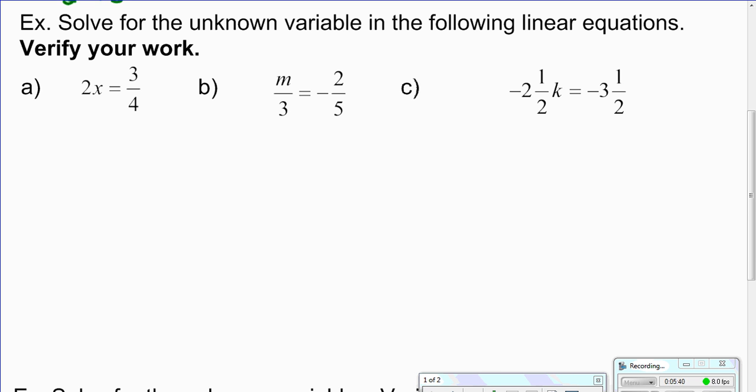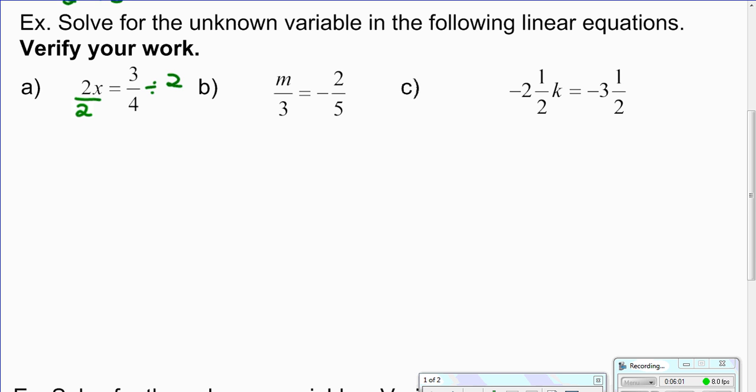So in the first one, we have 2x, or 2 times x equals 3/4. So we don't want to know what 2x is equal to. We want to know what 1x equals to. And so the way that we can do that is by getting rid of the coefficient. If it's being times by 2, we need to do the opposite. We are going to divide by 2.